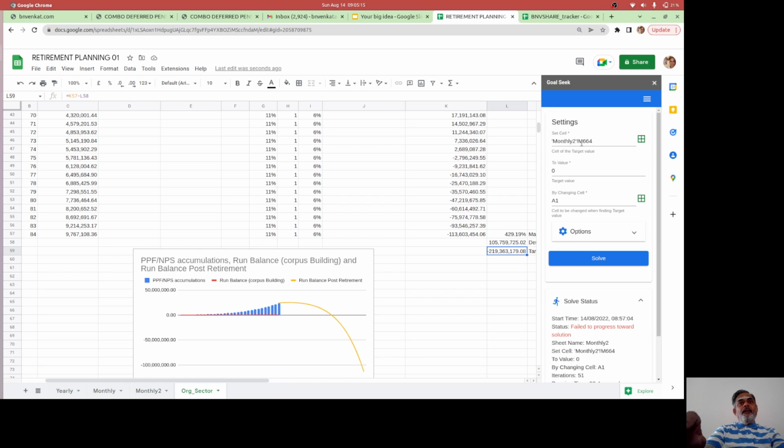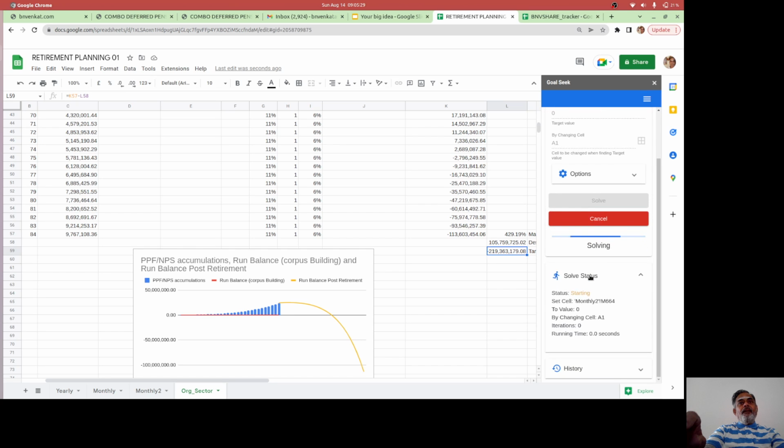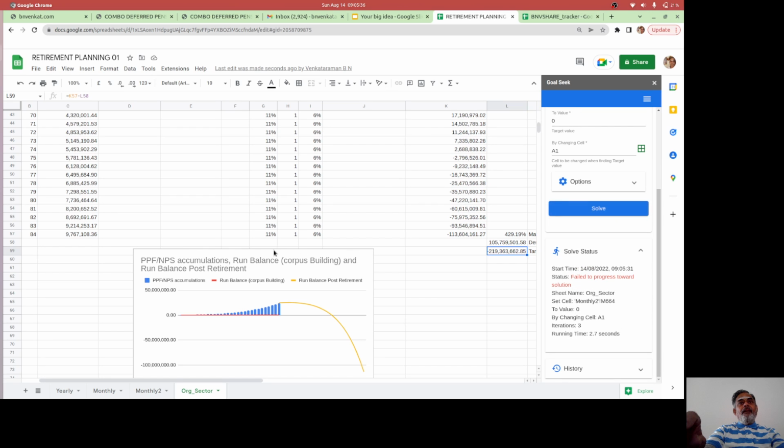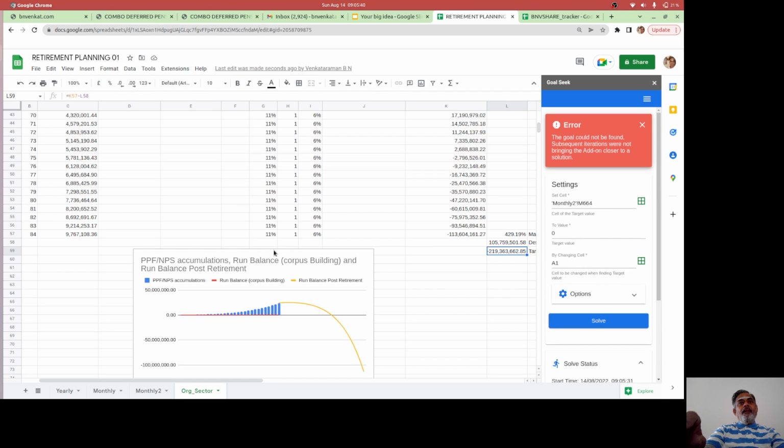The target field is M64, and we are making it 0 value, and the changing cell is A1 itself. Let us solve it. We come across the various number of iterations going on. It has calculated.